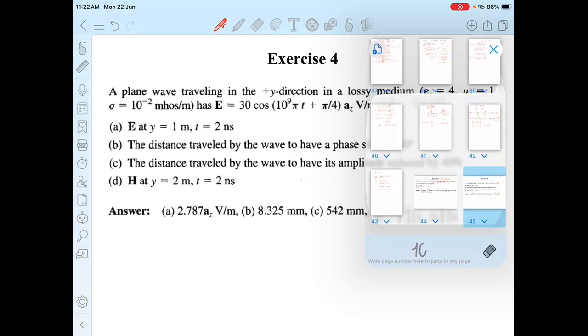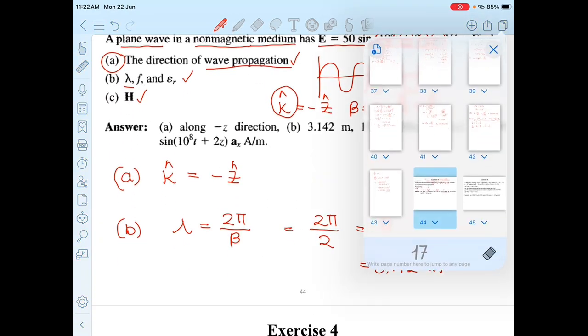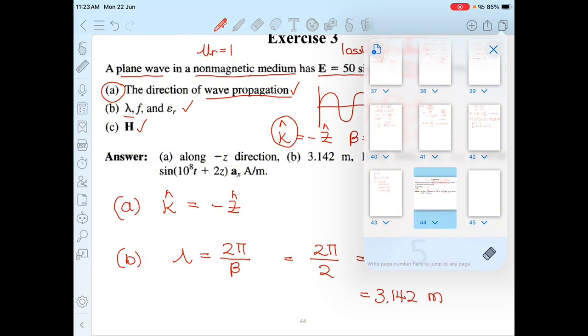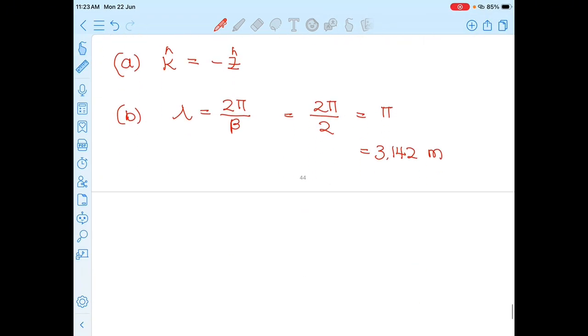Next we are going to calculate the frequency. We can calculate the frequency from the angular frequency, because the angular frequency is equal to 2 pi f.